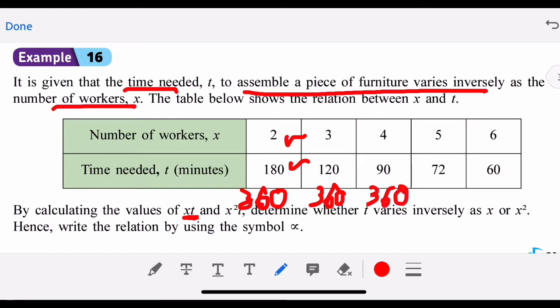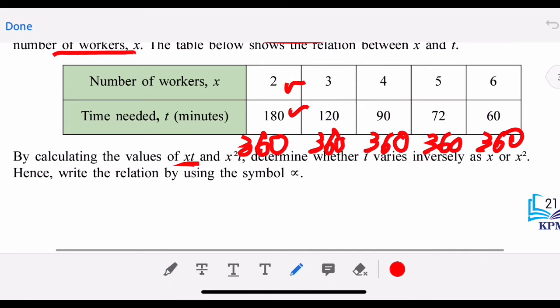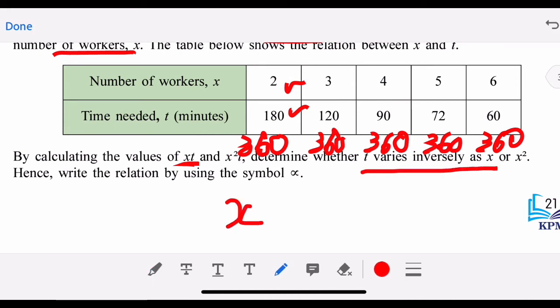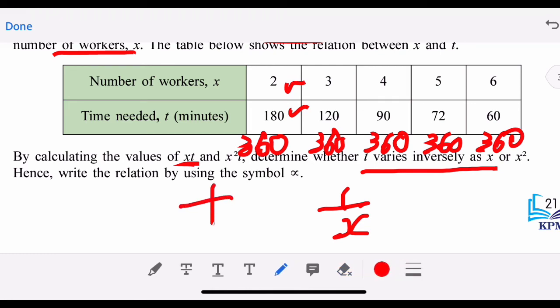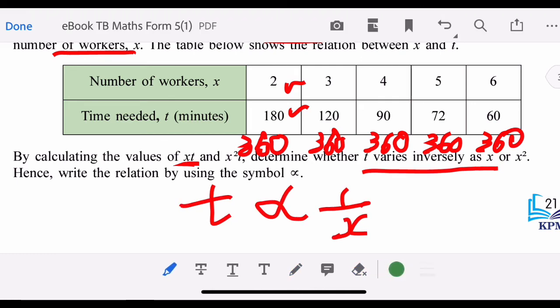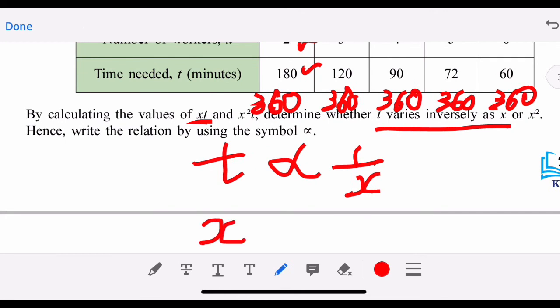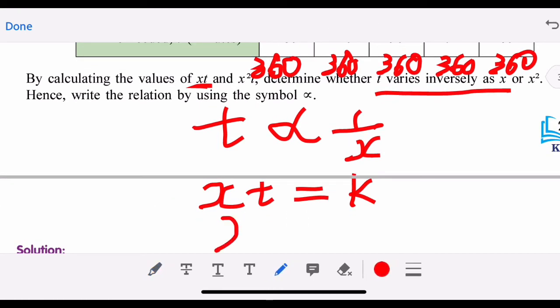If we multiply, we will get a constant. That means the time varies inversely as x. So we can say xt equals k, or you can say t equals k over x, the same.